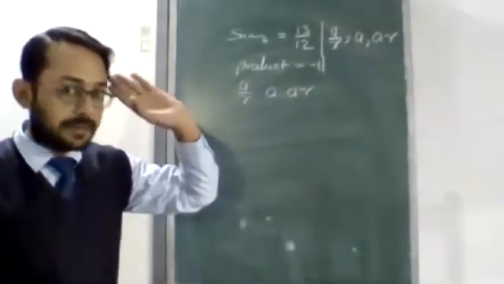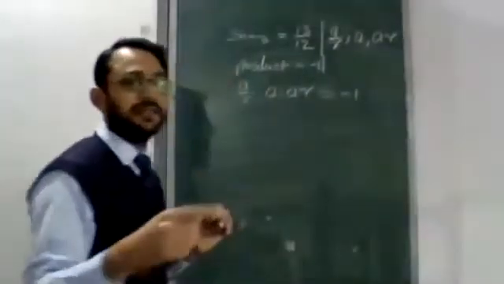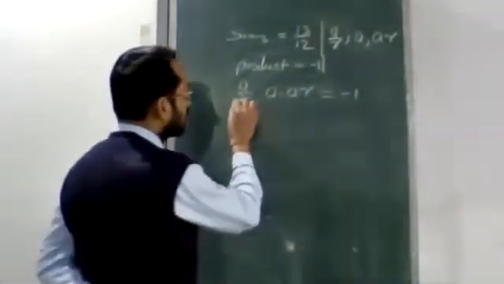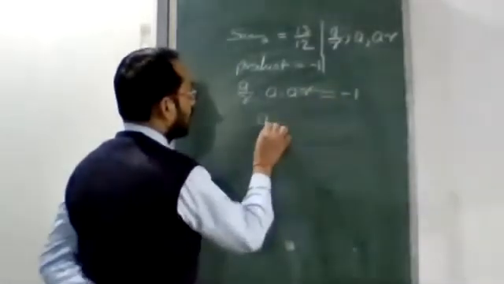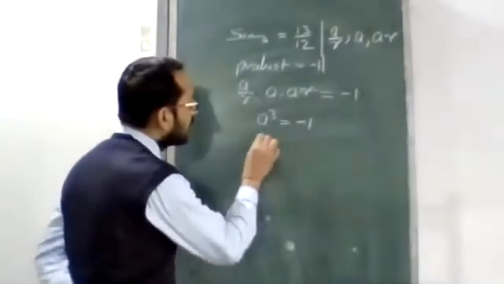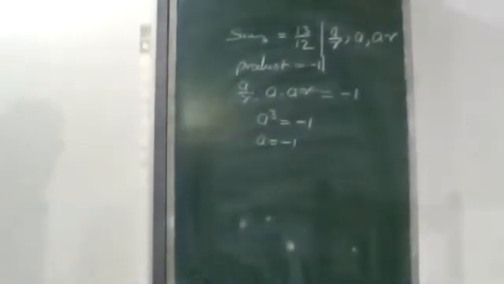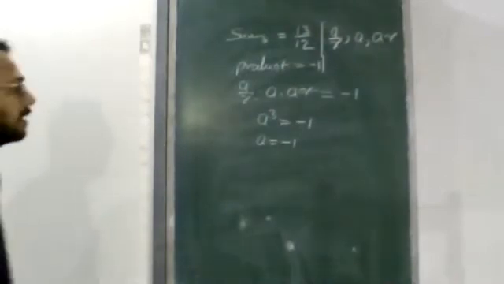While taking, you must keep in mind the product is equal to minus 1, because they might give you four terms also. That I taught you earlier. A cube is equal to minus 1. That gives a equals minus 1. The value of a has come minus 1.